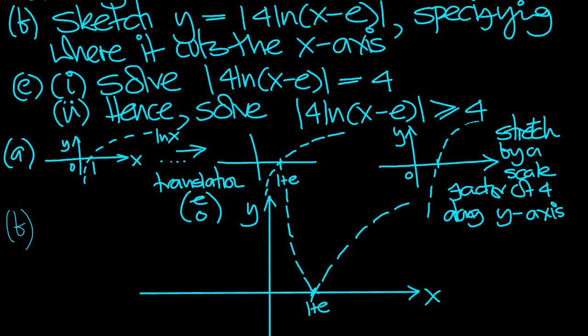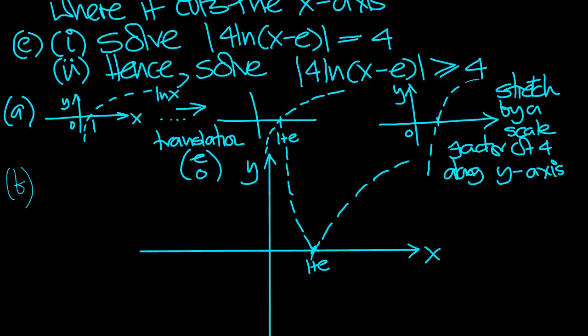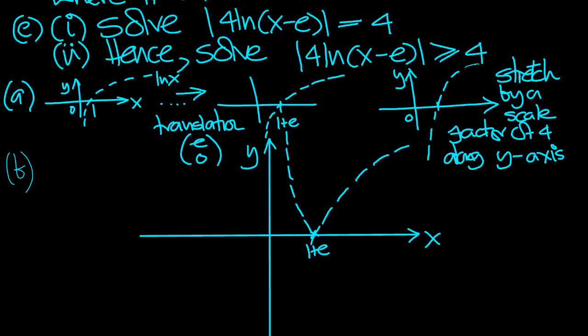Part C, solve this equation then, equals 4. Part C, so when does it equal 4? So for the purposes of the sketch, I'll put it in here. So we should see these values here and here, either side of 1 plus e.